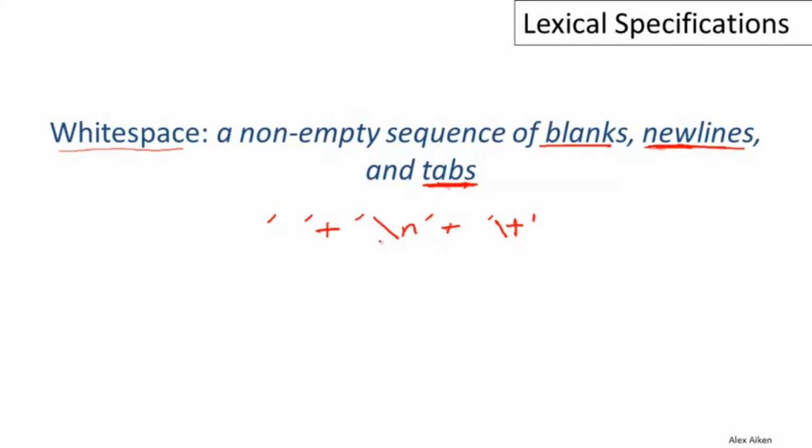And typically that's done with an escape sequence, so something beginning with a special character like backslash, followed by the name of the character, so N for new line in this case, and T for tab. And so to finish off our definition, this gives us one character white space, and then we want a non-empty sequence of such things, so we wrap the whole union there in parentheses and put a plus on it, and that gives us what we want.